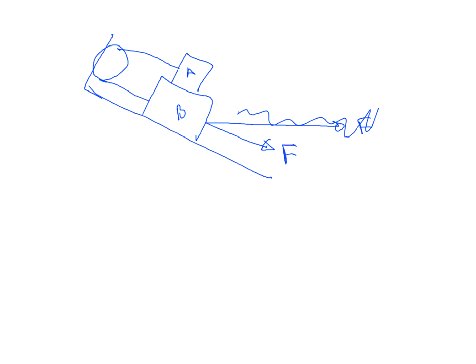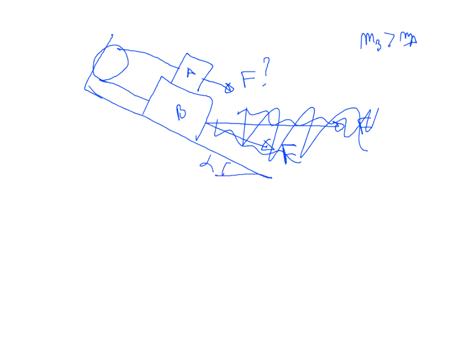Let's imagine that as F, or better, put F here, on A. Get F, such that the system moves at constant velocity, given that MB is bigger than MA. And introduce an angle alpha. Redo this problem with that new piece of information, and the fact that F is on A. Please work it out. Get a solution and send it to me via email or take a picture so that I can check it for you. Very, very important problem. Okay?